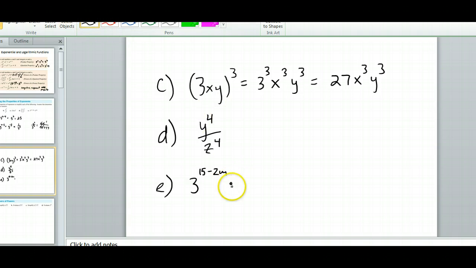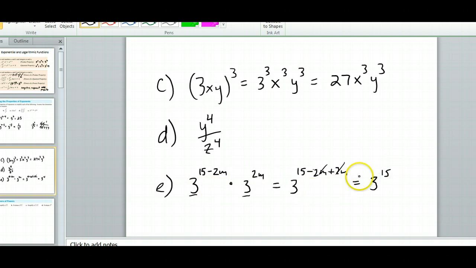Now we do have the same base. There's a 3 here, there's a 3 here, so that's when we add the exponents. So that's 3 to the 15 minus 2m plus 2m. These wipe each other out, and we just get 3 to the 15th.